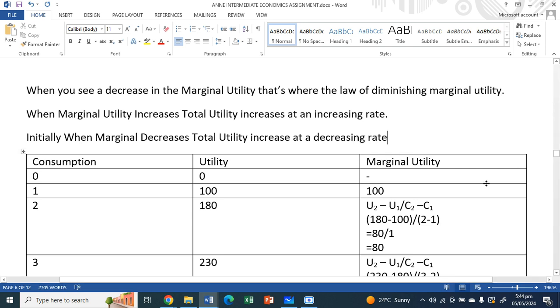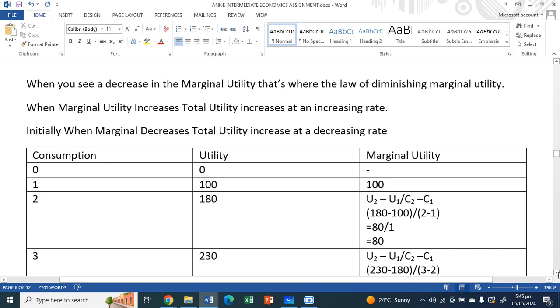Okay. Meaning, as it's increasing, it's not going to be increasing as much as it was when the marginal utility was increasing. So initially, when marginal utility decreases, total utility increases at a decreasing rate.